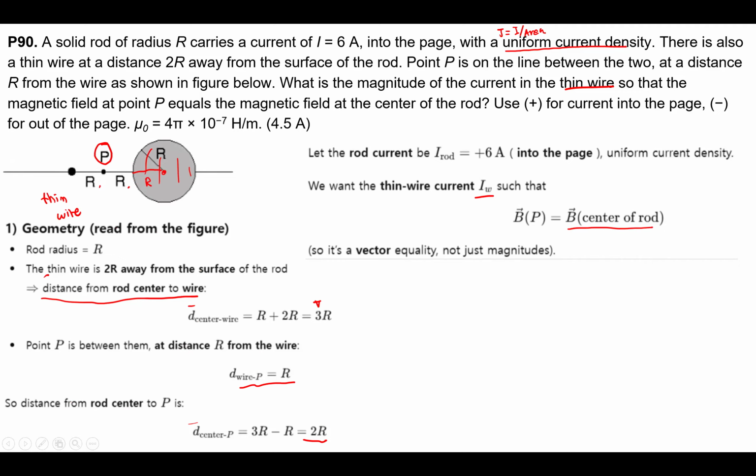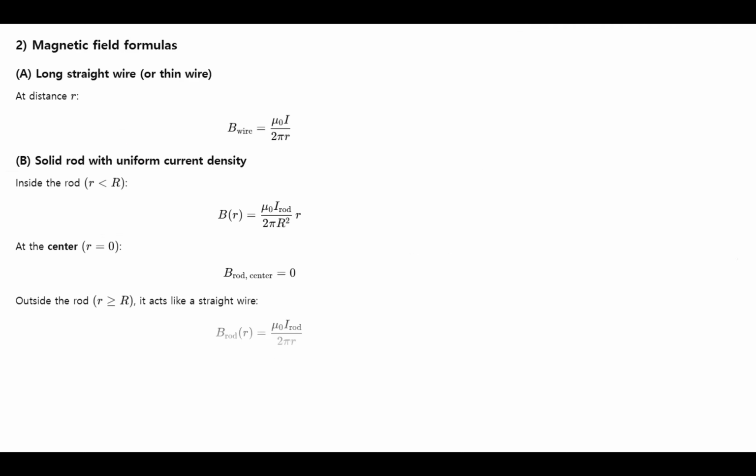So all the distances are identified. And we need to apply the magnetic field formula. For the thin wire, a long straight wire at a distance small r, it is given by this one.